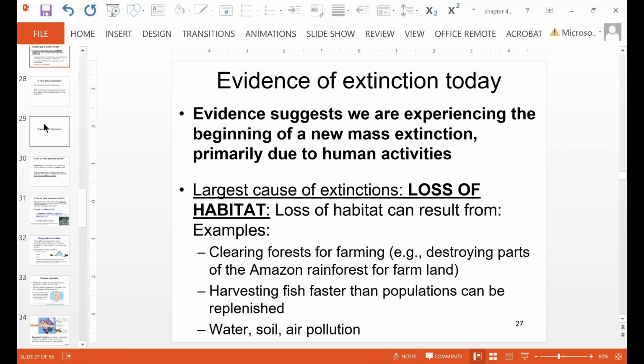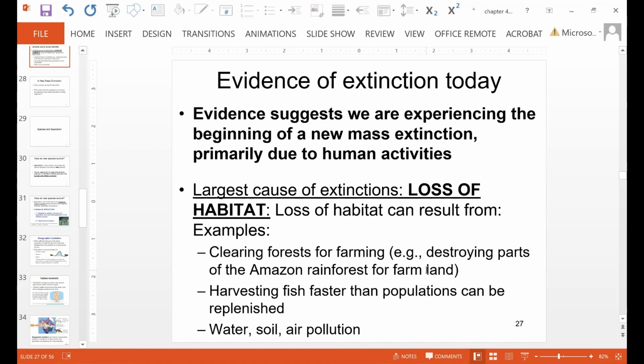The loss of habitat can result from different things, including clearing forests for farming. For example, destroying different parts of the Amazon rainforest so that you can use the land for farmland.